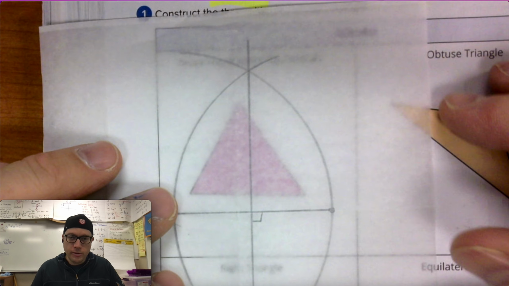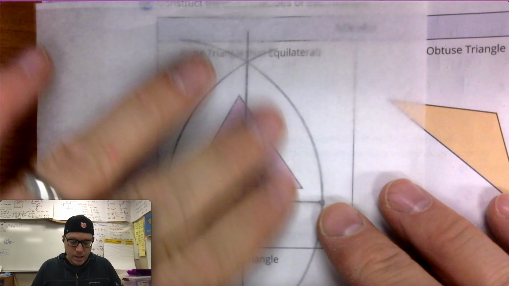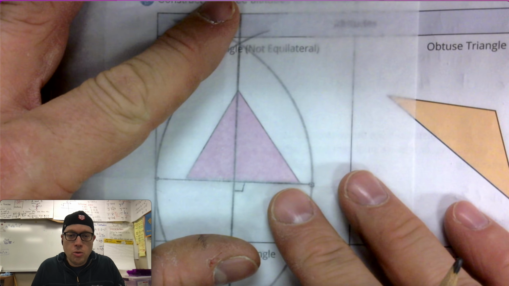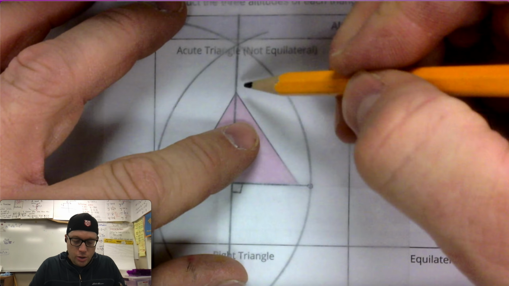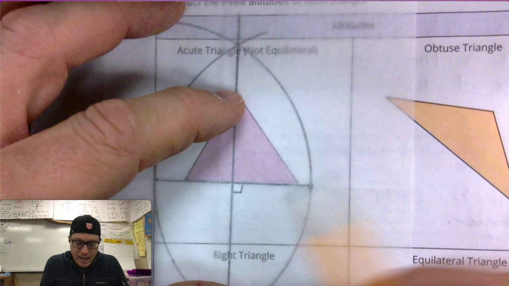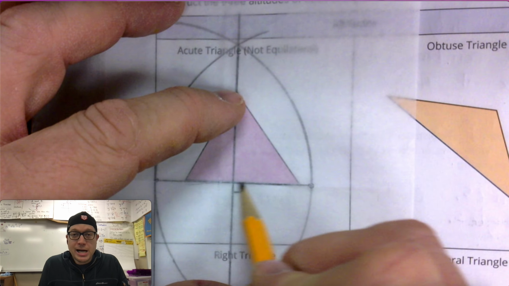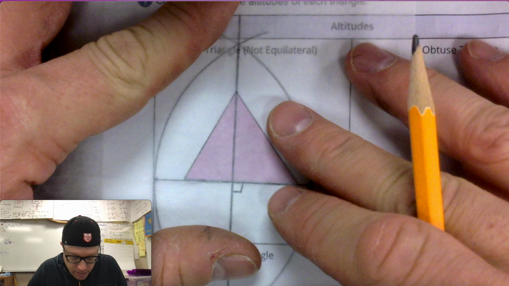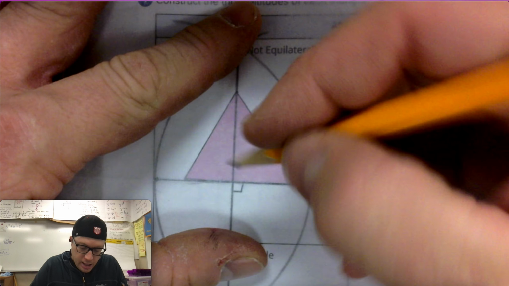I flip the paper over. That's a key part of it. Then I slide the paper over so that the perpendicular line is crossing the vertex and the bottom edge is on top of a side of the triangle. A little bit of adjustment here, and I'm going to put a mark.